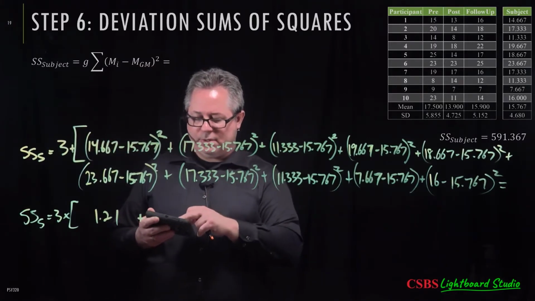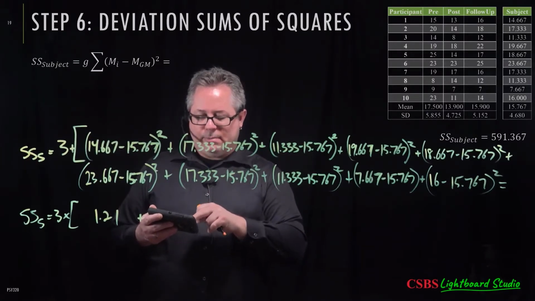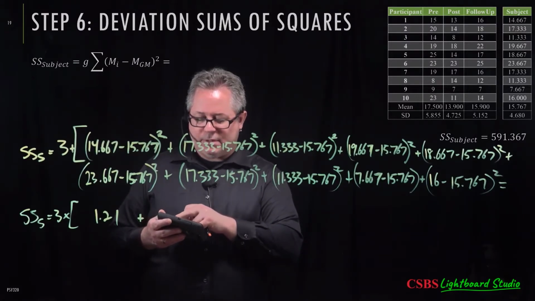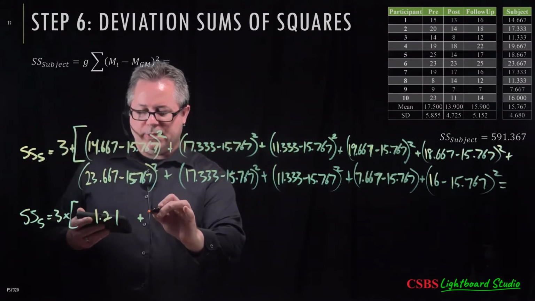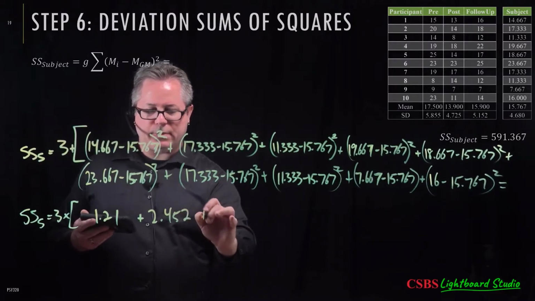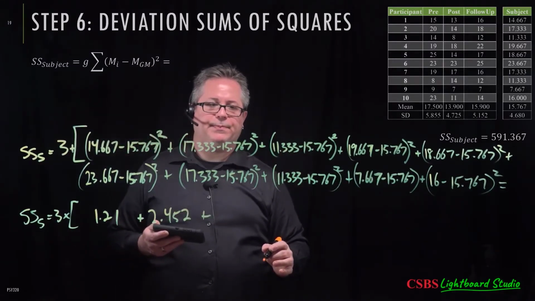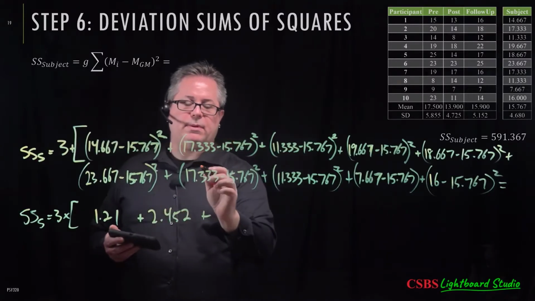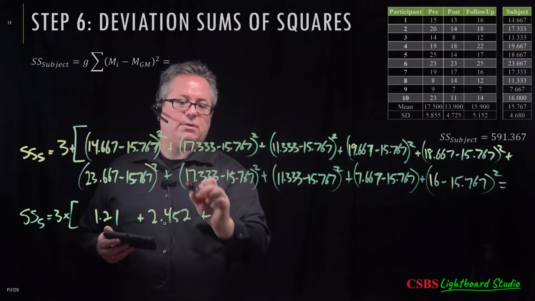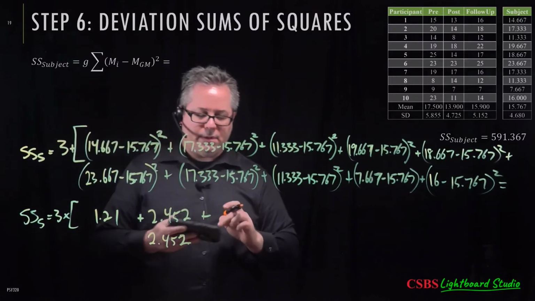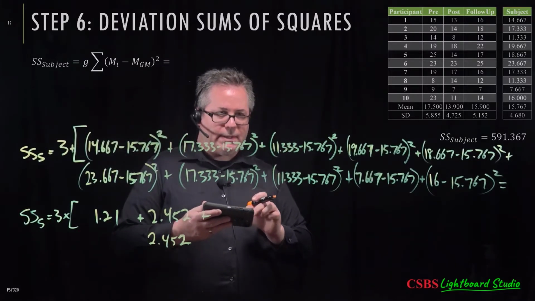So 17.333 minus 15.767 equals 1.566, squared is 2.452 plus 11.333 minus 15. Crap. My brain was doing two things at once. So I noticed this is here, so is this. So there's another 2.452 there.